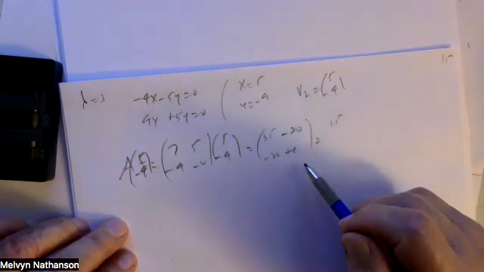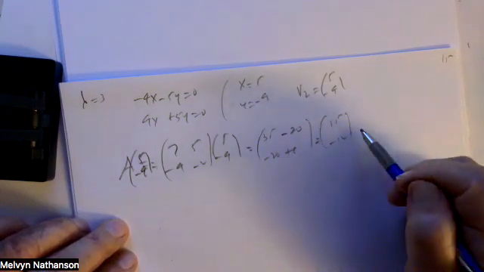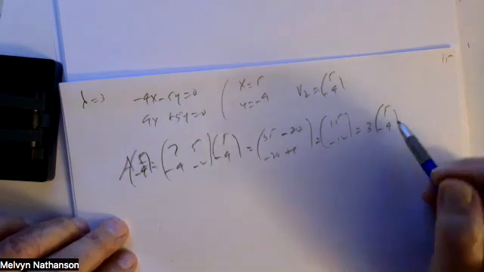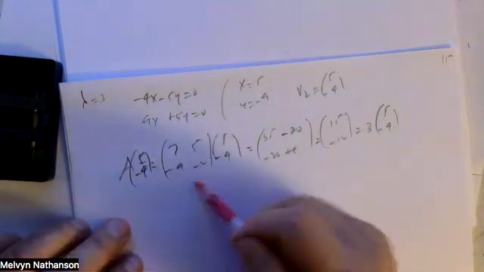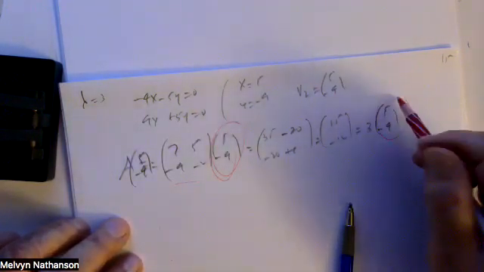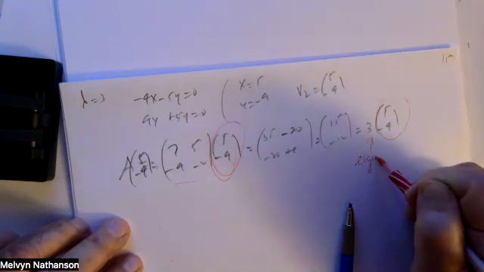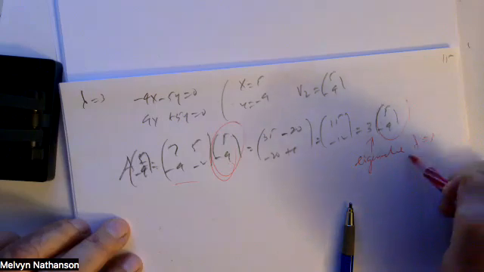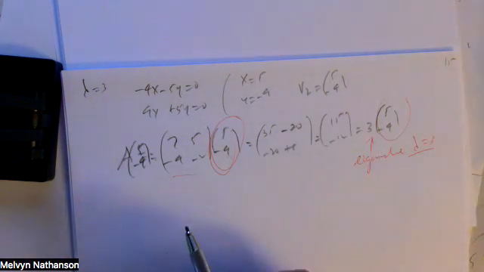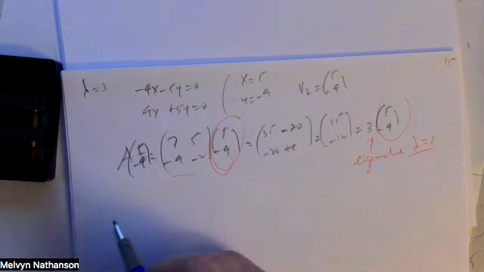So this is 15, minus 12, which is 3 times the vector 5, minus 4. So if I take the matrix A and multiply it by the vector 5, minus 4, I get 3 times 5, minus 4. And this is my eigenvalue, lambda equals 3. So this is the general method to compute eigenvalues and eigenvectors for 2x2 matrices.